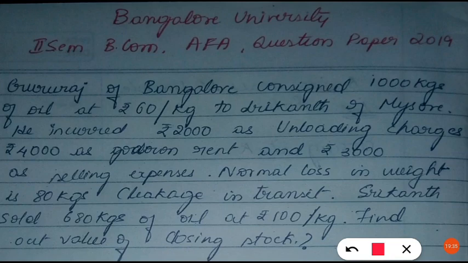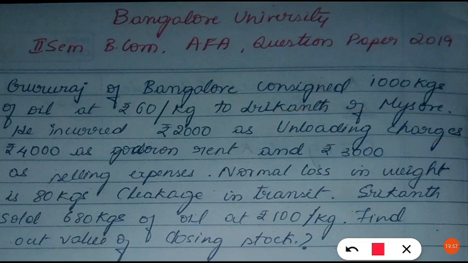Guru Raj, a consignor of Bengaluru, consigned 1000 kgs of oil at 60 per kg to Shrikant of Mysore. He is the consignee, keep this in mind. He incurred 2000 rupees as unloading charges.